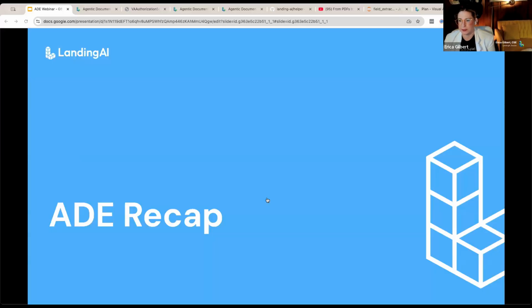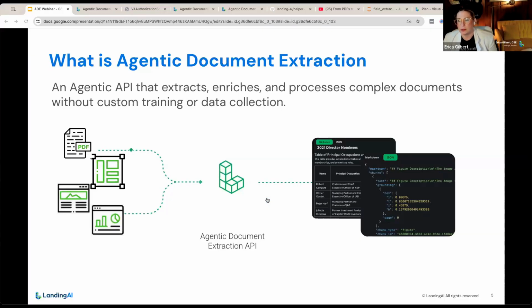All right, let's get into it. So what is Agentic Document Extraction? At its core, it really is an API designed to extract, enrich, and process complex documents without requiring templates or custom training.